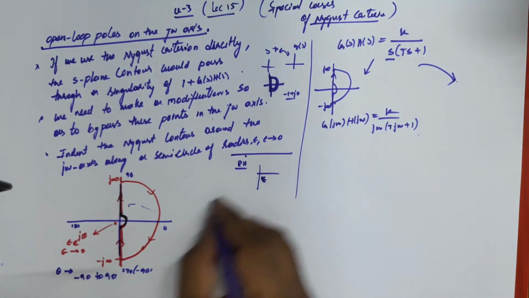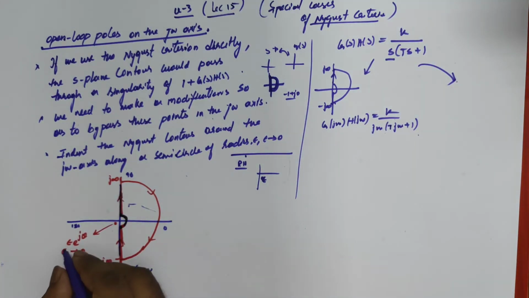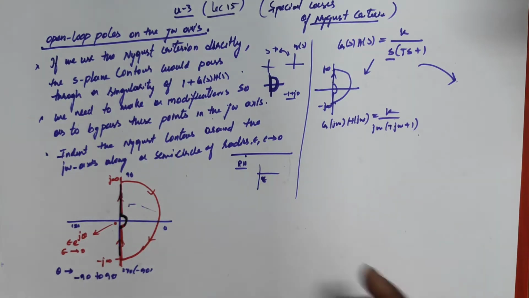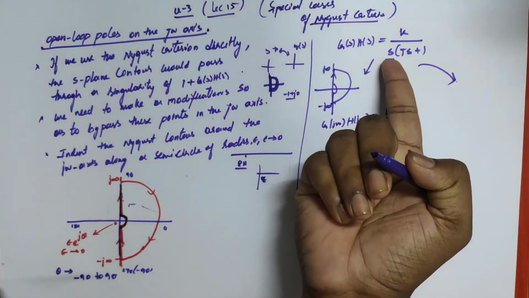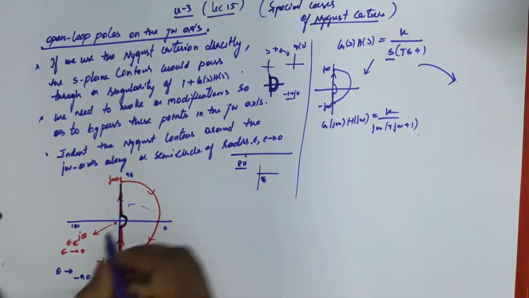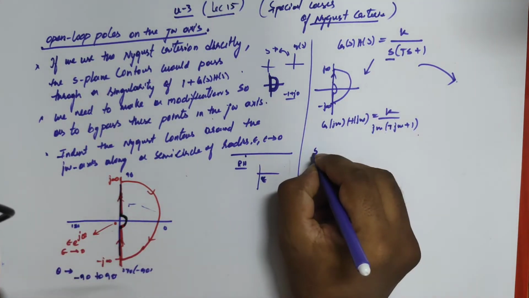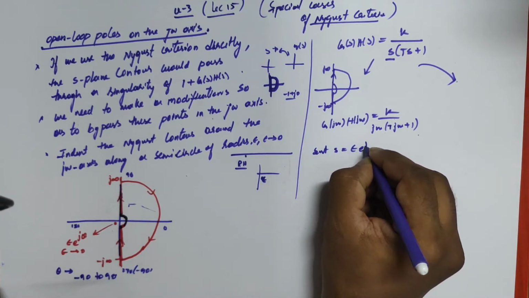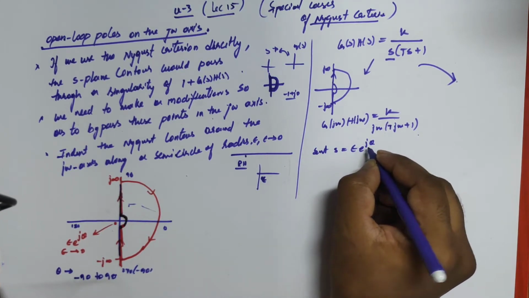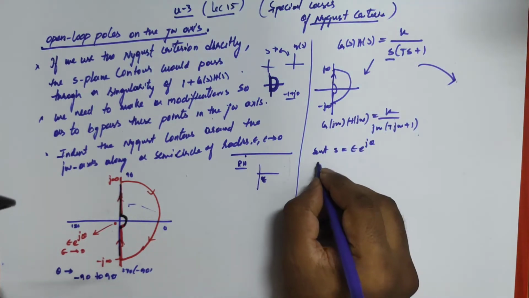In the later part, these are the semicircle plots I'm getting. So instead of s, you substitute s equal to epsilon naught e power j theta in this function.